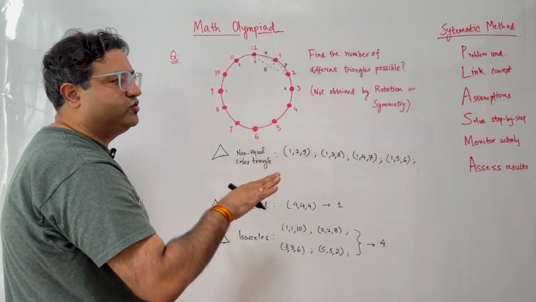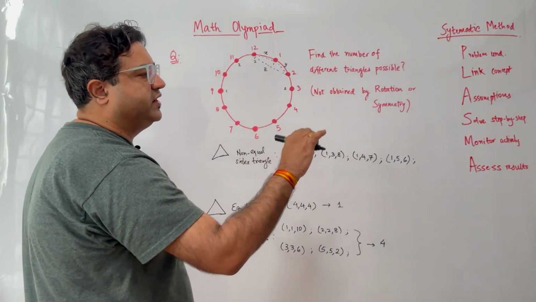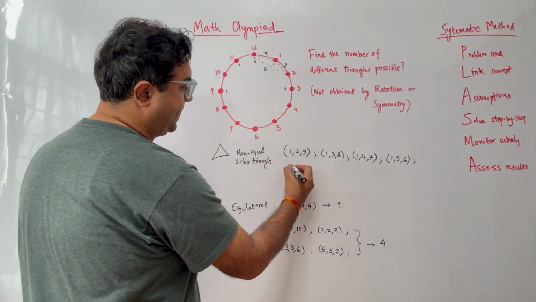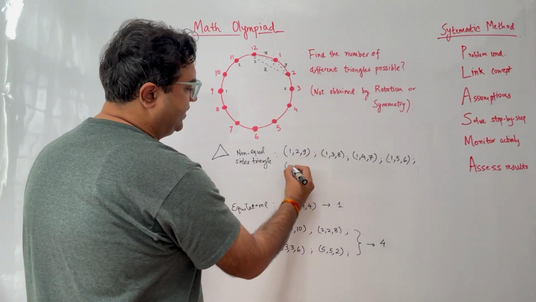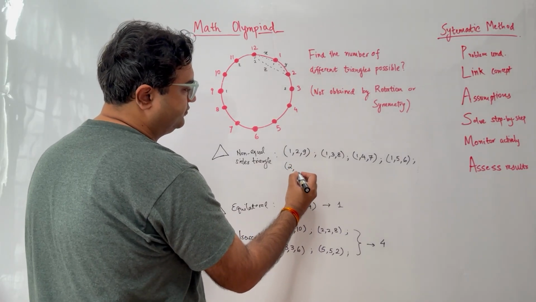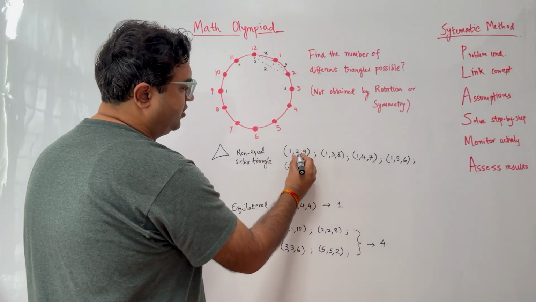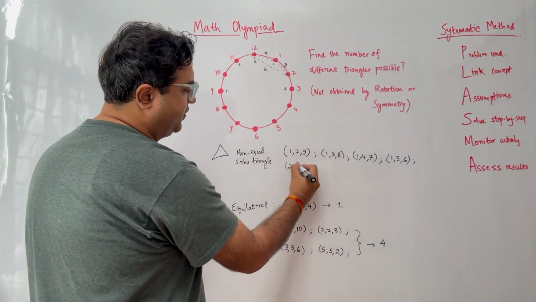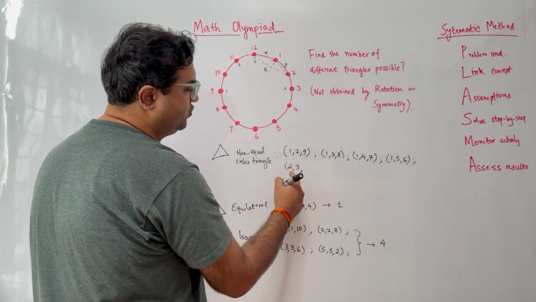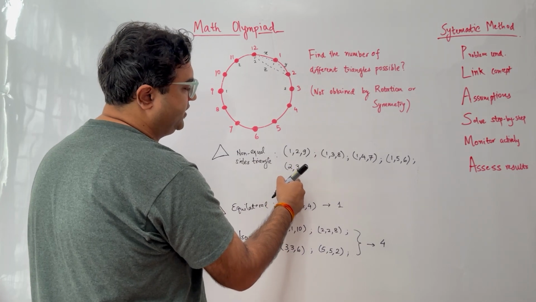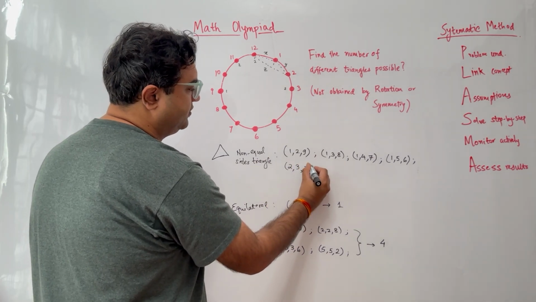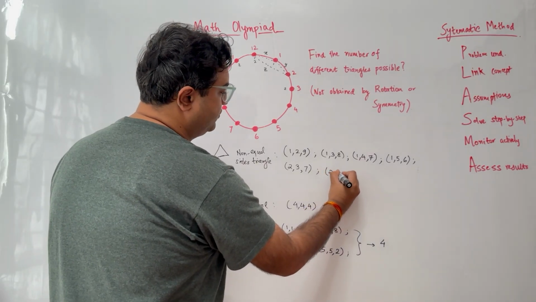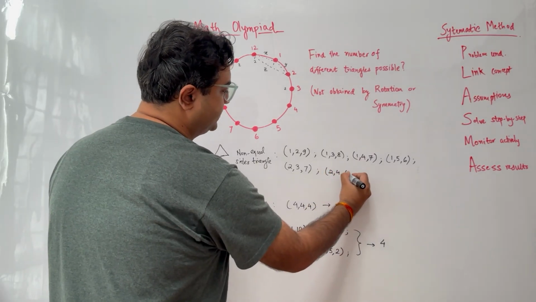So we are just trying to increase, so x is smaller than y is smaller than z. So we are going in that direction. Okay. Then when x is 2, with 2 we already have 1, so now we have to go to 3. So 2, 3, then this will become 7. When x is 2 and y is 4, then this becomes 6.